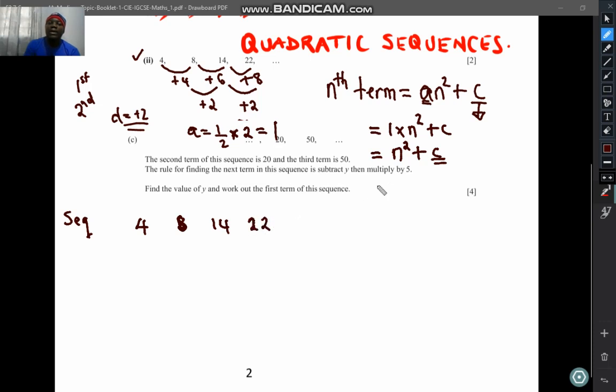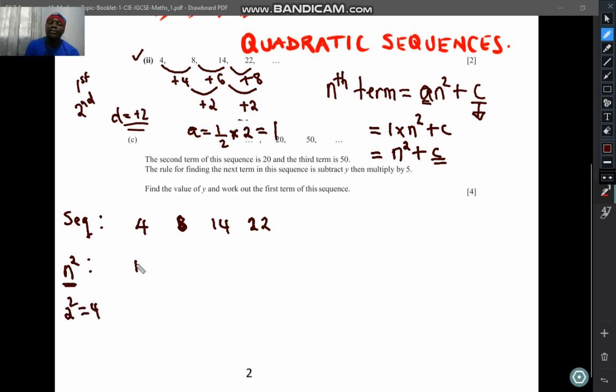Once we do that, we need to come up with the sequence of n squared. Using n squared to generate terms, on the first position, n is going to be 1, and 1 squared gives us 1. On the second position, 2 squared gives us 4.